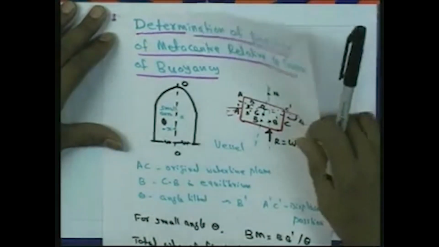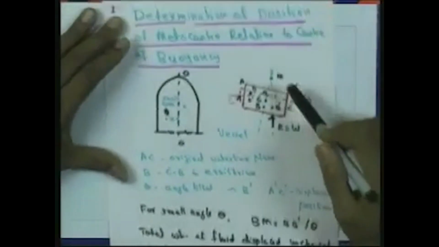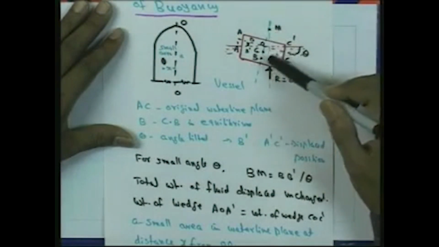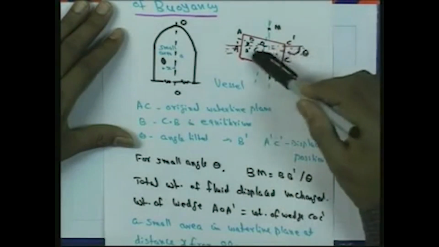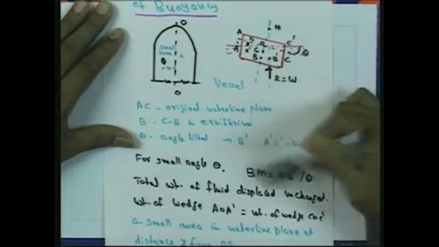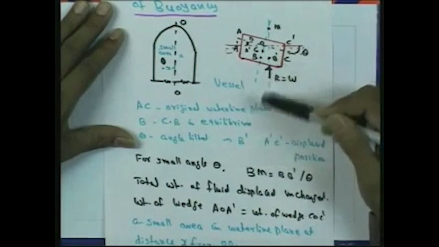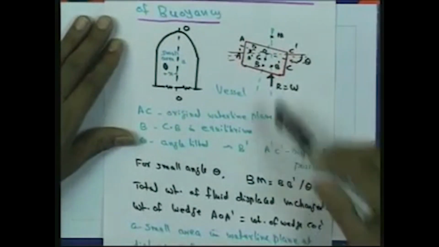So for a small angle theta, as shown in this figure, we can write the distance BM as BB dash divided by theta, when the angle of tilt is very small.